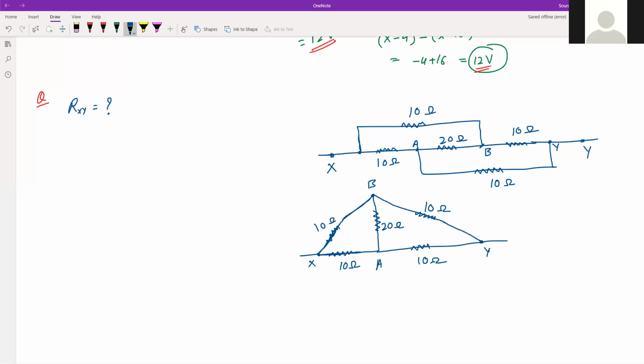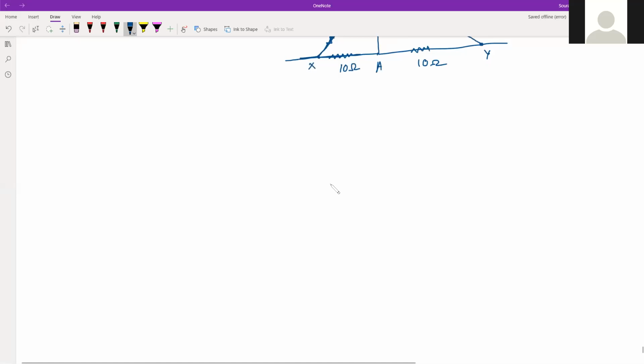Now this is a special case. This is a special case of something called a Wheatstone bridge. We'll discuss this Wheatstone bridge now, and based on that, this question can be answered. So what is a Wheatstone bridge? A Wheatstone bridge is actually this.